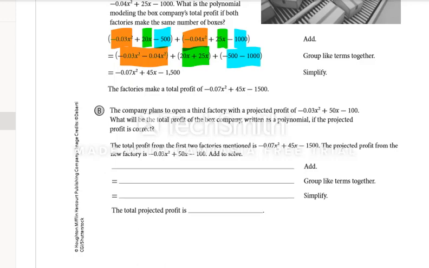So take our previous overall profit, and then we're going to add the new profit.